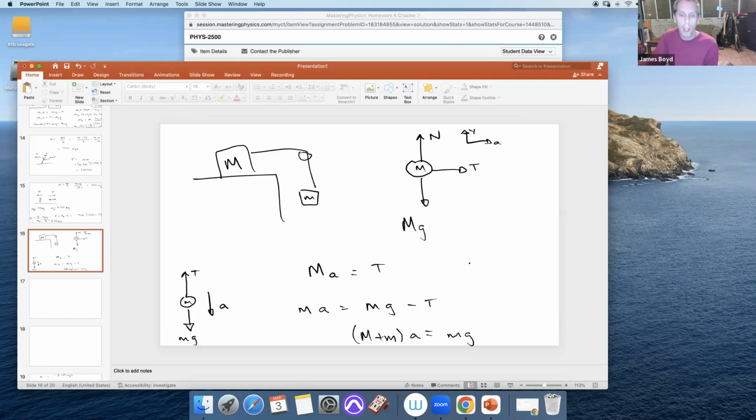So if I use this equation, I get little m a. Let's solve this one for T. T is, move it over, little mg minus little ma.